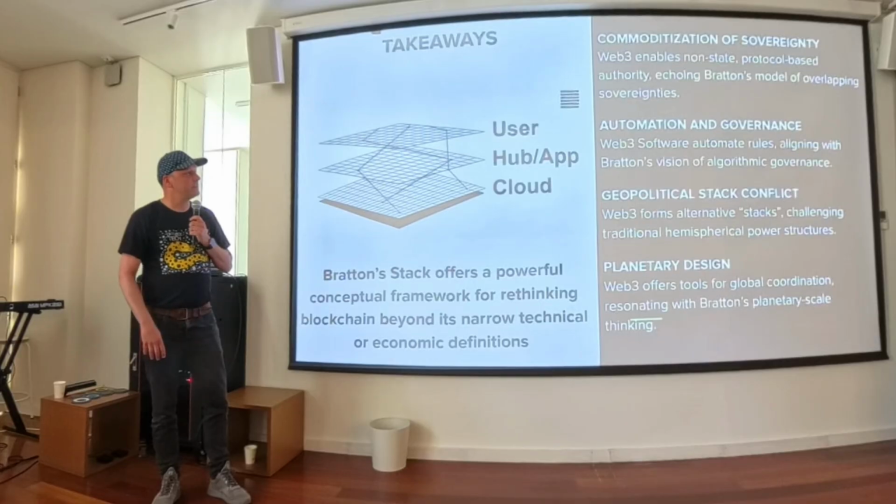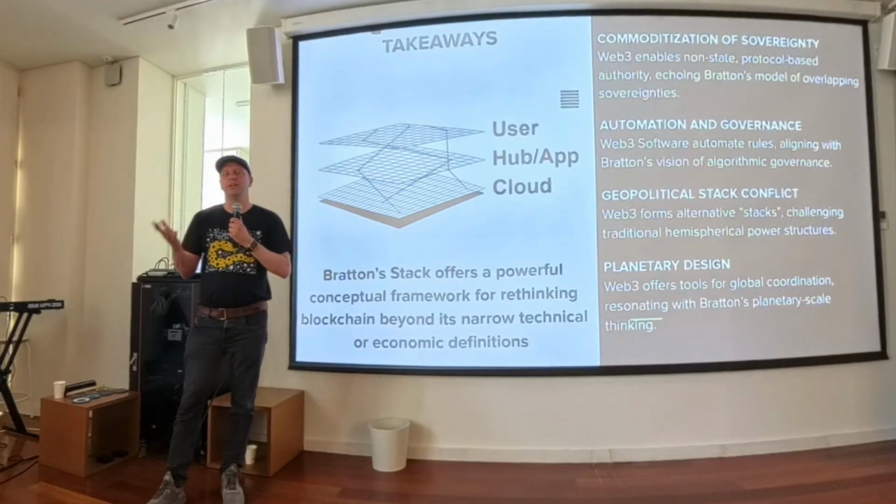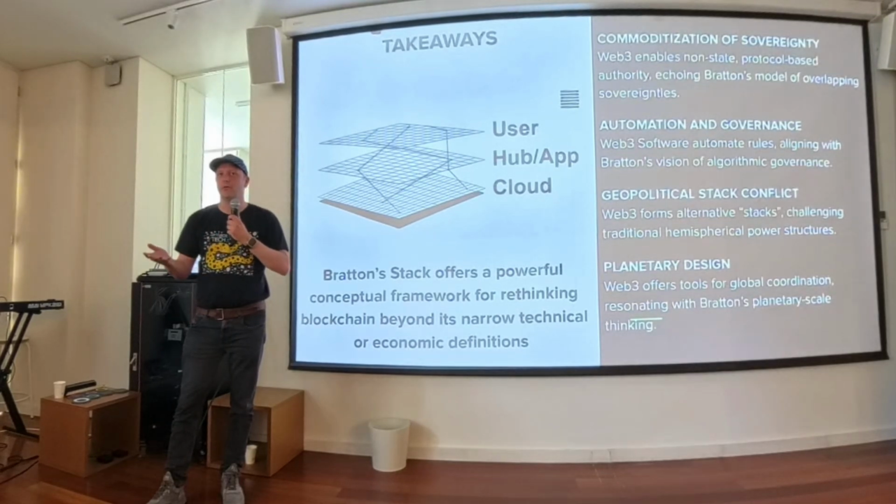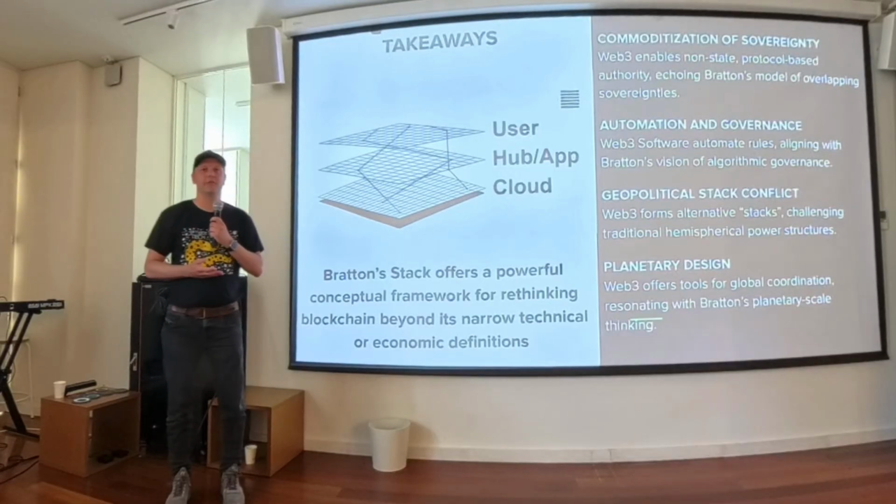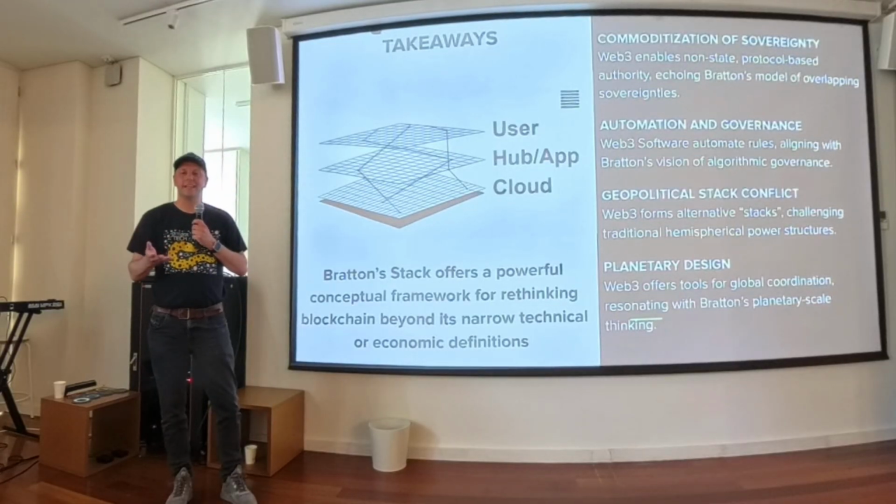Automation and governance: it is a way of having governance which is not grounded in any particular jurisdiction. It is free from the earth layer. It is a new layer of governance, perhaps a governance that maps to a planetary design.